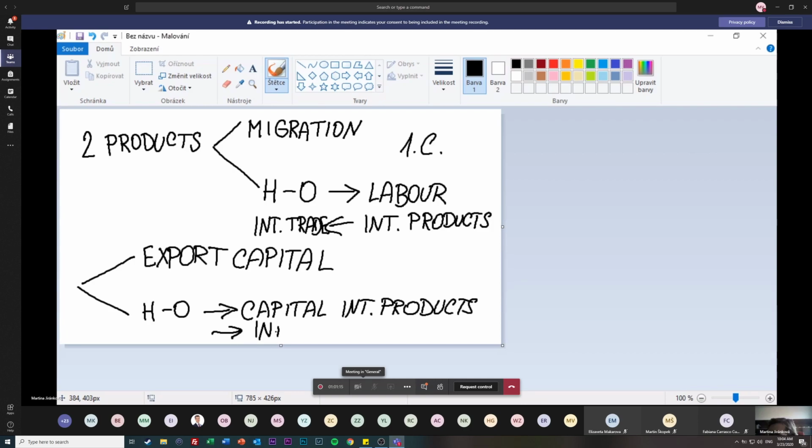So I would like you to understand that for migration and trade, there are two possibilities if you are a labor abundant country.